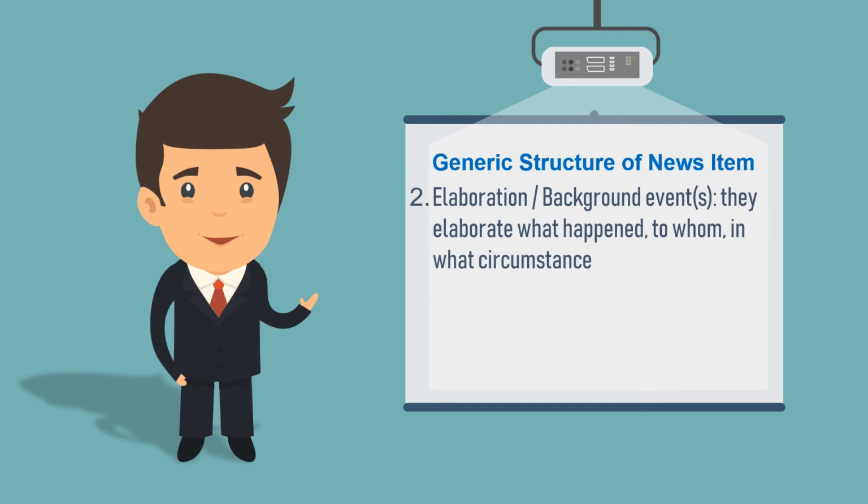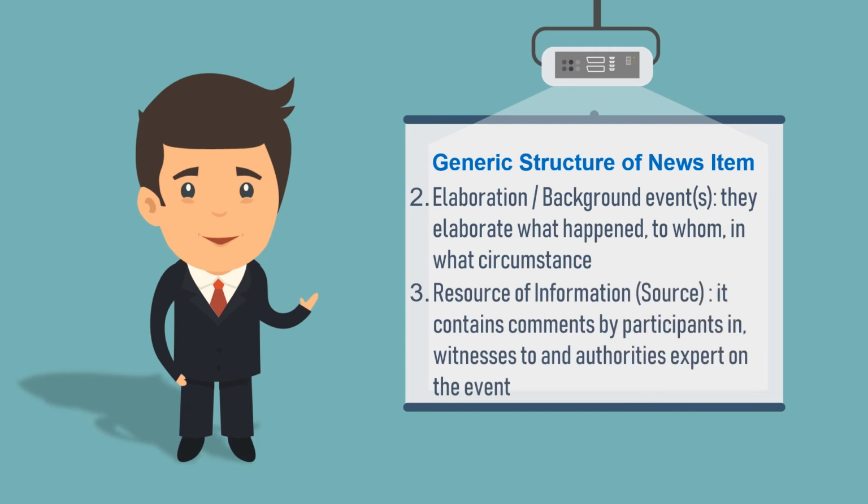We tell the readers the sequence of the events in chronological order. But background events do not always tell events in chronological order, but sometimes also explain why the events happen.